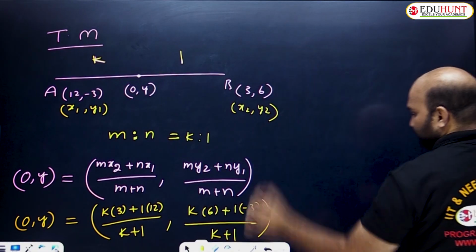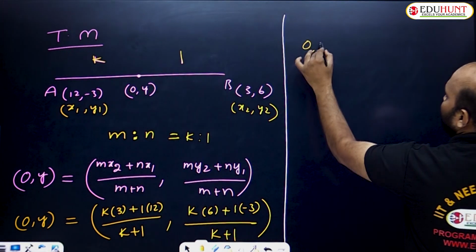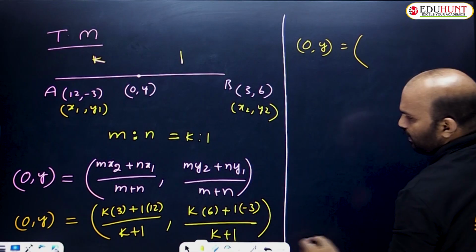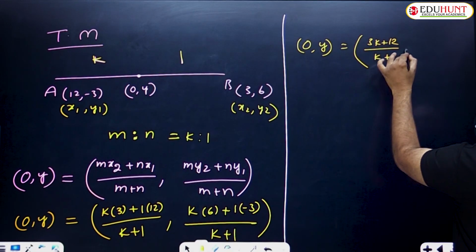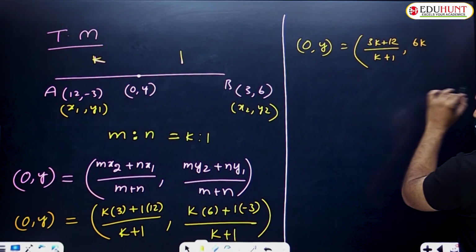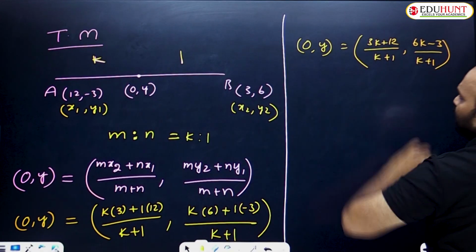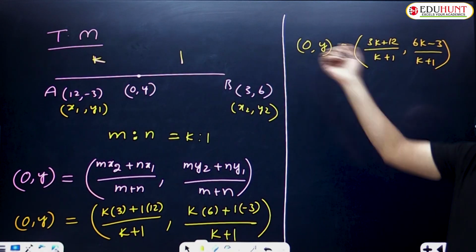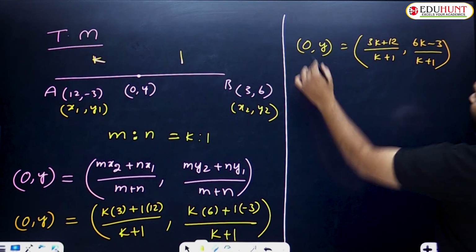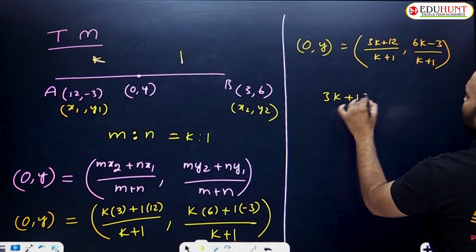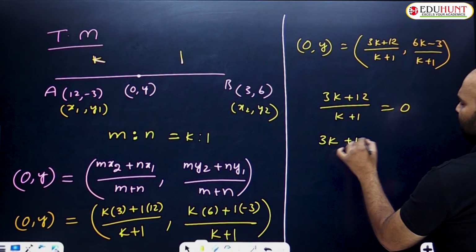So it can be written as 0 comma y equals (3k plus 12) by (k plus 1), comma (6k minus 3) by (k plus 1), because plus 1 into minus 3. So clearly we need to observe the x coordinate by comparing the terms. The x coordinate is 0, which equals (3k plus 12) by (k plus 1). By cross multiplication, 3k plus 12 equals 0.